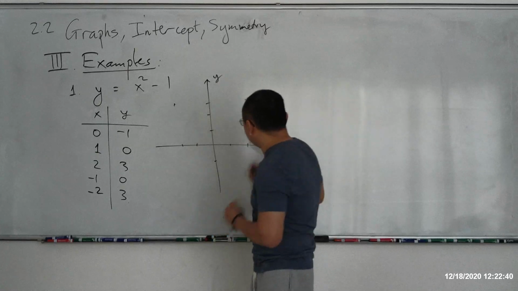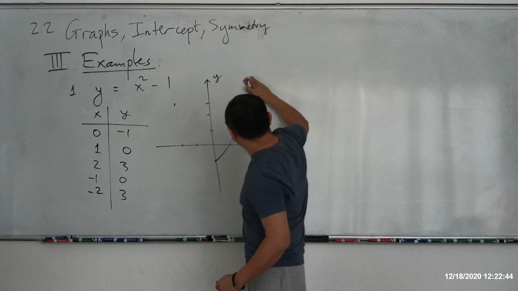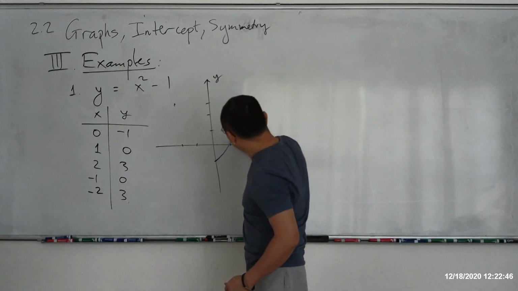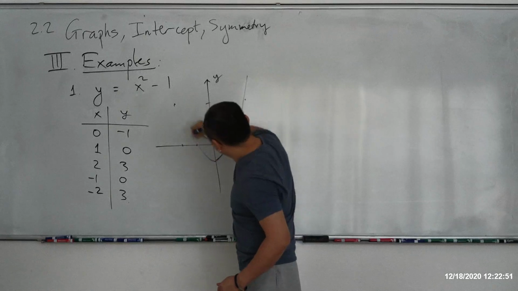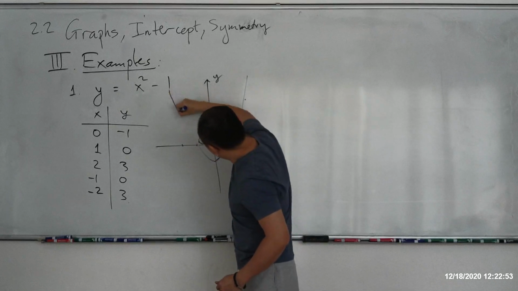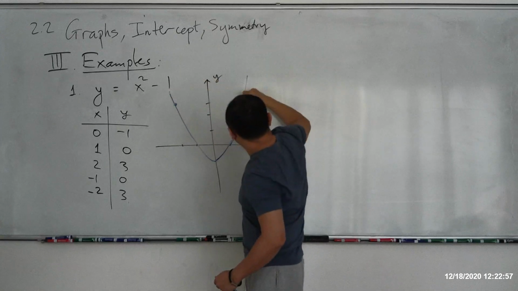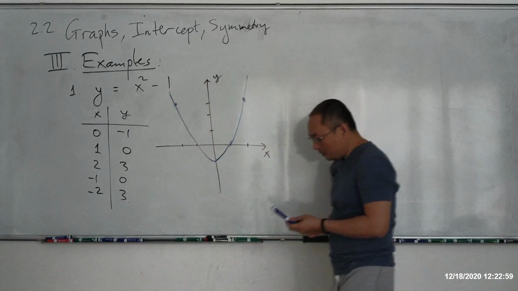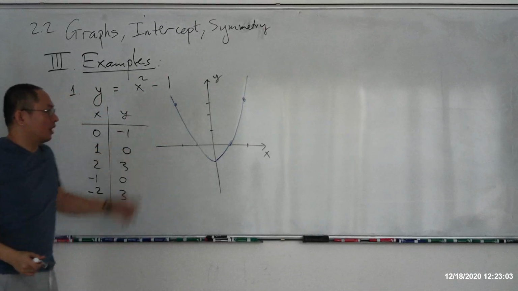And I claim that when I sketch a graph, I get something like this. So you see that this graph, we know the name of it, is called a parabola.